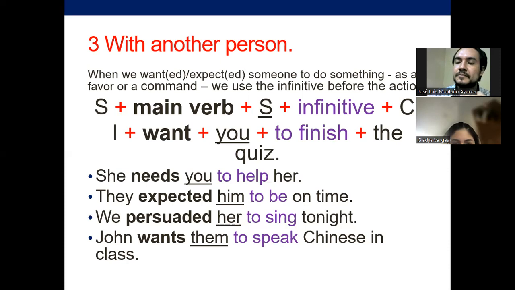I want them to cook for me. Okay, yes, I want them to cook for me. This can be interesting.